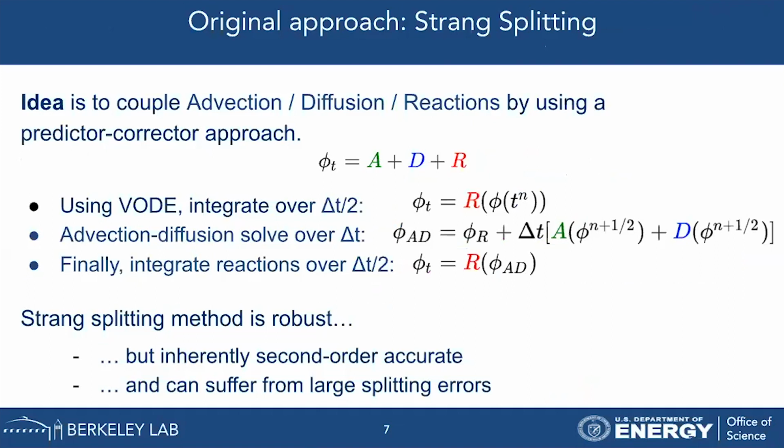So first I want to talk about the current approach in the original Maestro, and that's string splitting. String splitting works like operator splitting, except in a predictor-corrector approach. We can write the right-hand side of the low Mach number equations as a sum of the advection, diffusion, and reaction source terms.